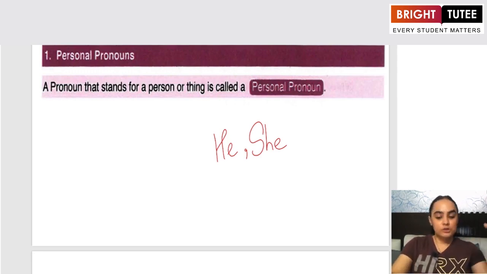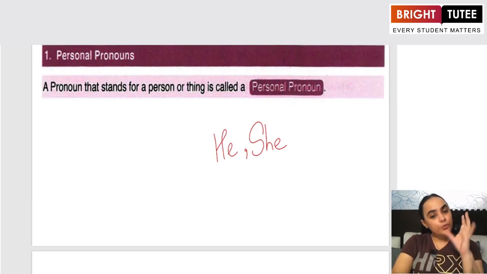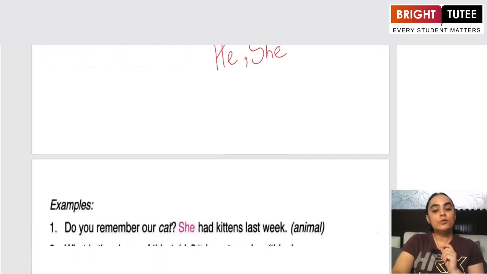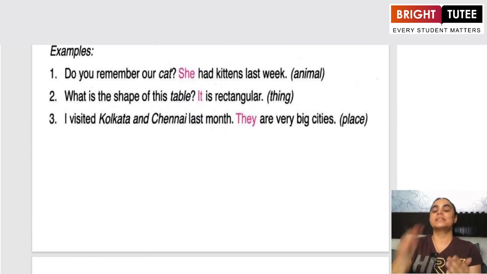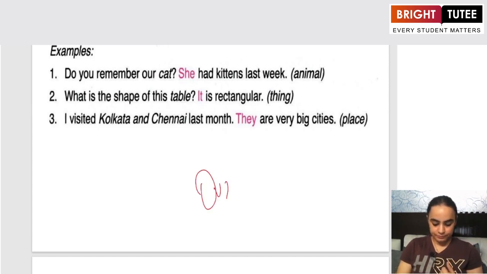She. So similarly, those pronouns that are going to replace a person or a thing are known as personal pronouns. He, she, it, they, we, our, this, these are all personal pronouns.